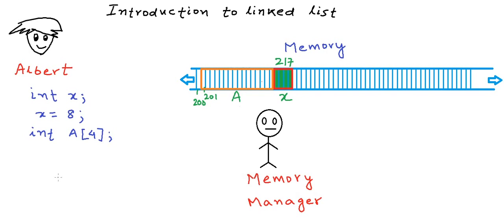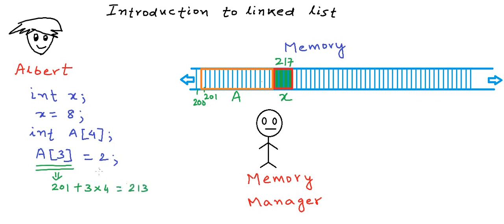Because array is stored as one contiguous block of memory and memory manager conveys the starting address of this block, whenever Albert tries to access any of the elements in the array, let's say he tries to write some value at the 4th element in the array, which he accesses as A3, Albert's application knows where to write this particular value because it knows the base address, the starting address of the block A, the array A, and from base address, using the index which is 3 here, it calculates the address of A3.